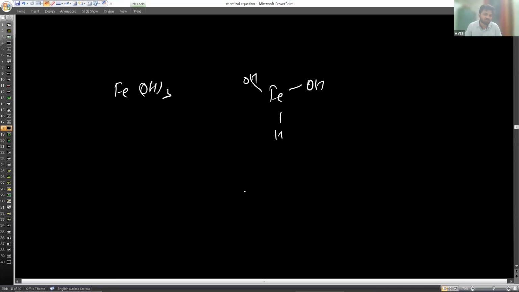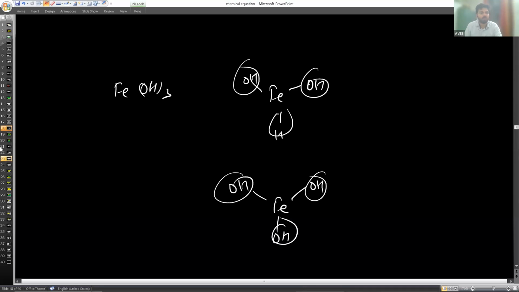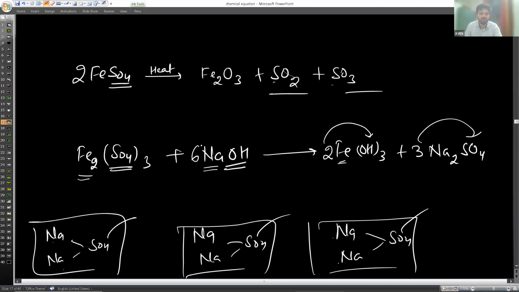If you have two such molecules, you have 6 OH ions. And here you have 6 OH ions. Na is multiplied by 6, OH is also multiplying with 6, so 6 OH and 2 Fe. Got it? So this reaction is balanced. Understood? Yes.